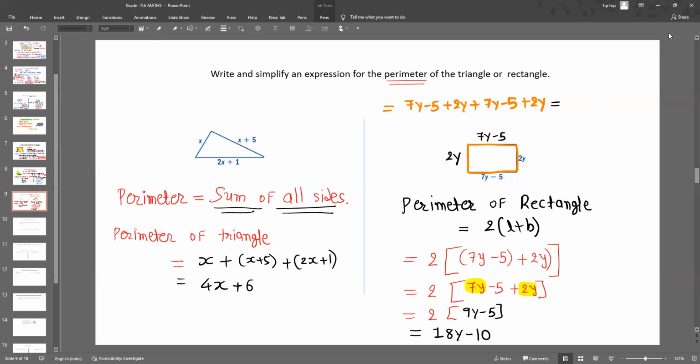So we get the same result. 7y plus 2y is 9y, 9y plus 7y is 16y, plus 2y is 18y, and minus 5 minus 5 is minus 10. So we get the same answer if you use the formula, or otherwise you can just add the sum of all sides, and you get the same answer. Understand?